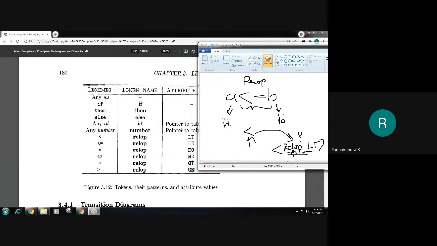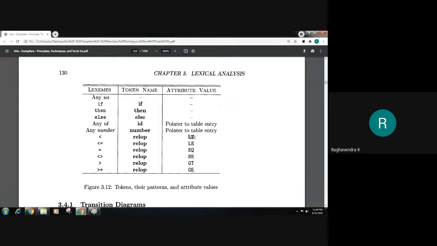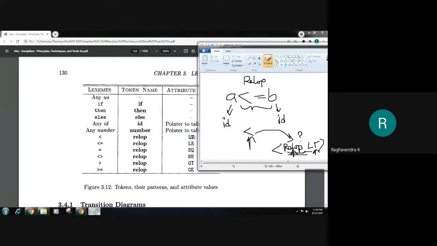So the name of the token is relational operator, and the attribute value that we are supposed to return is LT, correct? So do I do this? Or if I do that, what will happen? Obviously this is wrong, because after less than there is an equal to symbol, right? So obviously I should have waited until I see this equal to symbol.